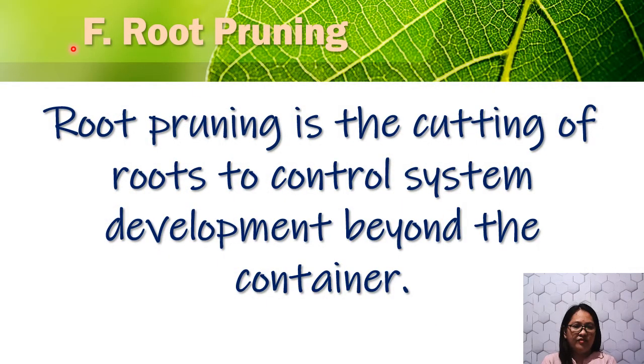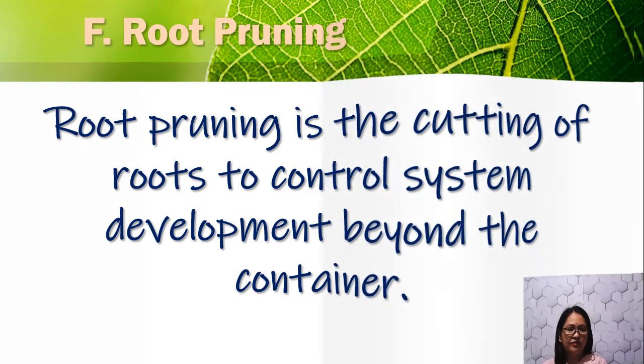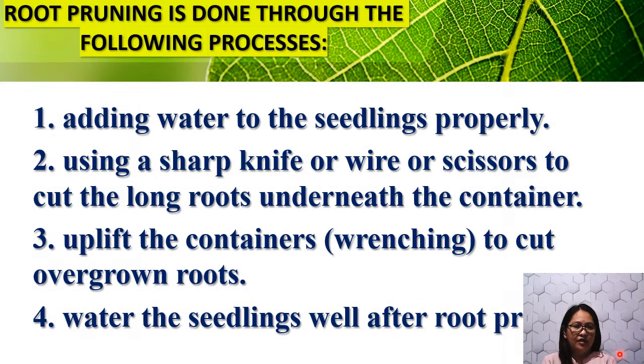Letter F, root pruning. Root pruning is the cutting of roots to control root system development beyond the container. Root pruning is done through the following processes. Number 1, adding water to the seedlings properly.